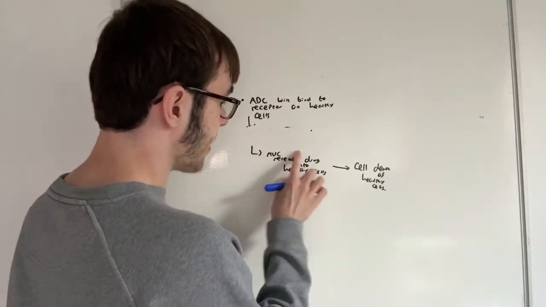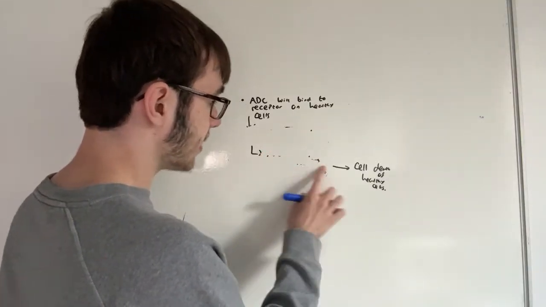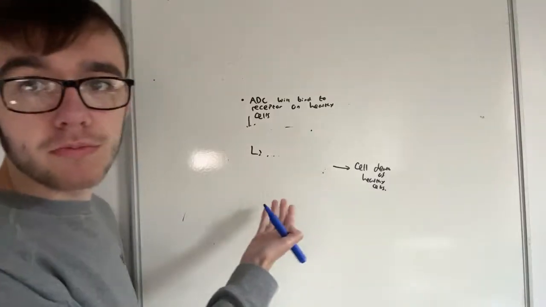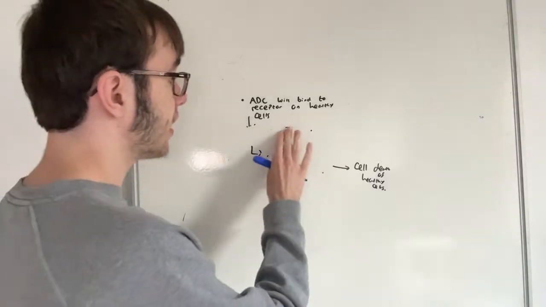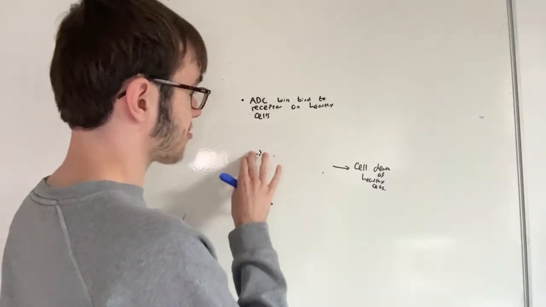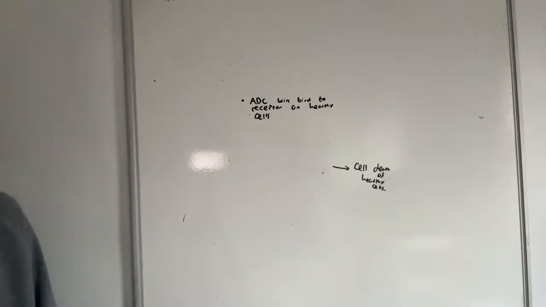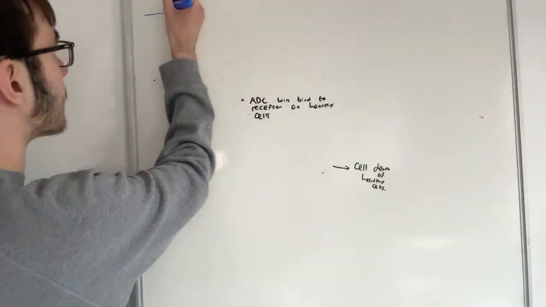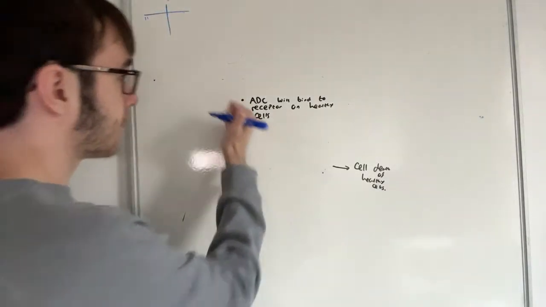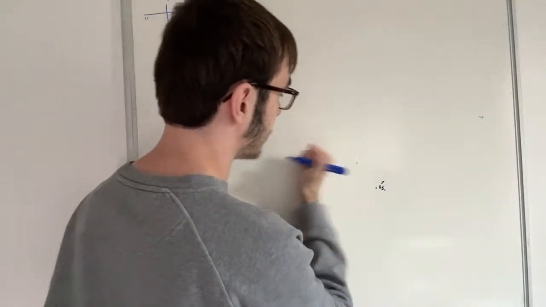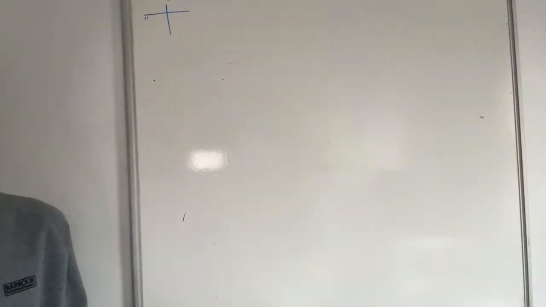I didn't need to say anything about the drug. I would have gotten 2 marks just for saying this. It will bind to receptor on healthy cells. Cell death causes cell death. Alright. 2 marks. Yes, I definitely over-explained, but I still would have gotten both marks.